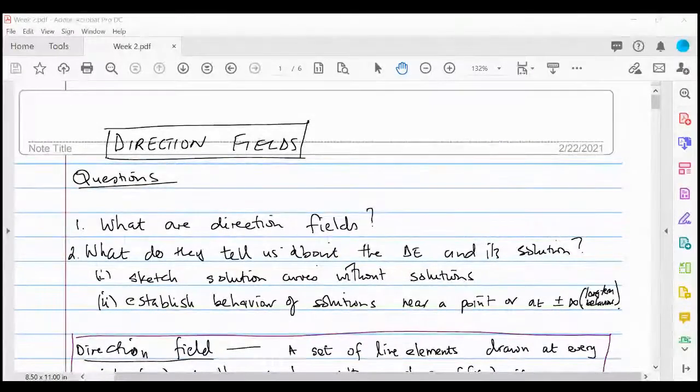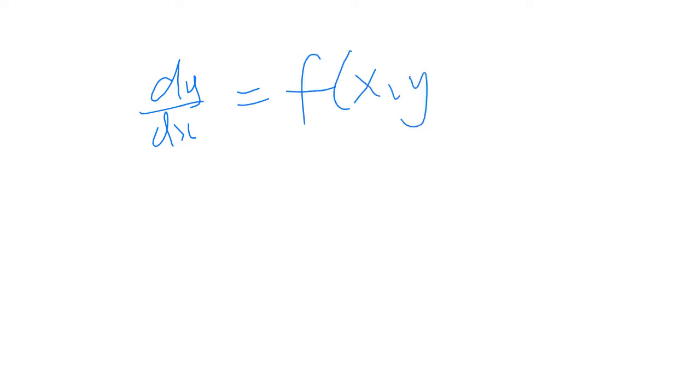Let me share the whiteboard here. You had a differential equation of the form dy/dx = f(x,y) in general.